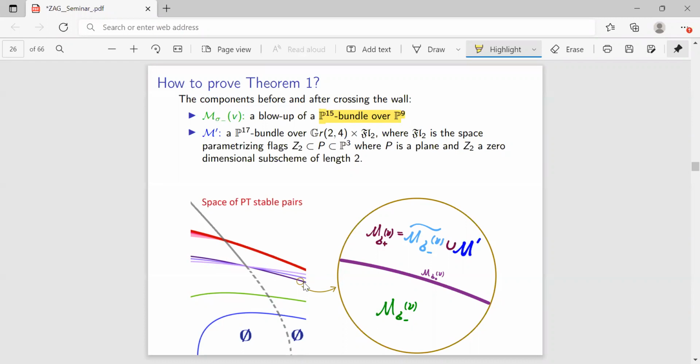And then, the next wall, which we are describing, we have this M sigma minus here. And then when you cross this wall, you get this new component M prime, apart from this birational copy of this here.